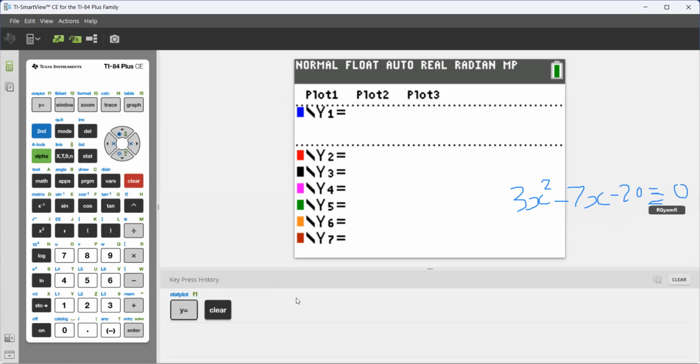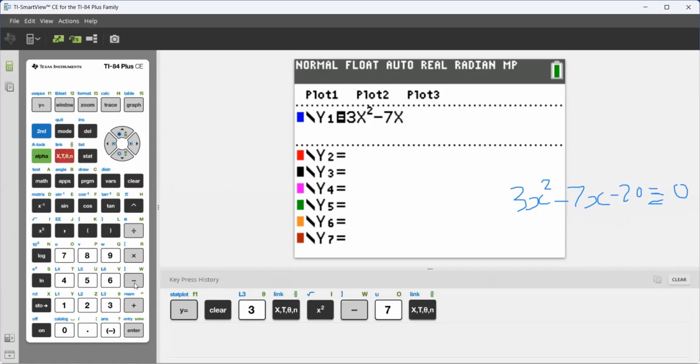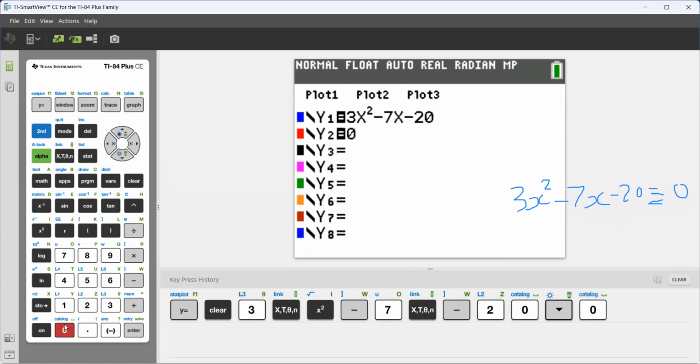So if I decide to use that, I'm going to have 3x squared minus 7x minus 20, and then my y2 is 0. Remember, you have to put y2.